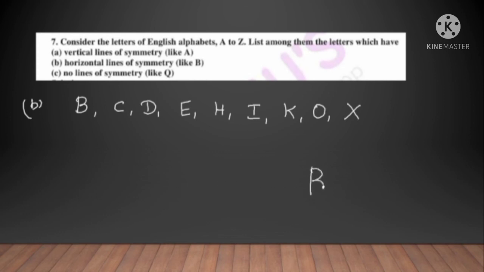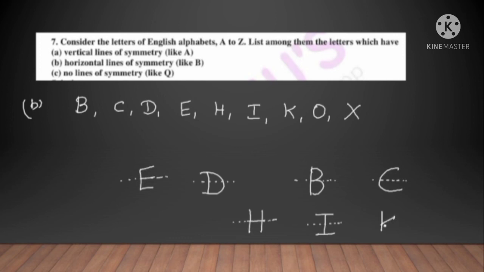If you just consider B, we will have a horizontal line of symmetry. C, D, E, H, I, K, O, X.